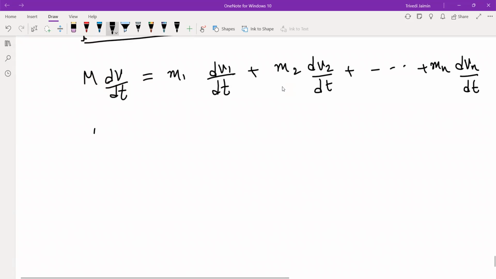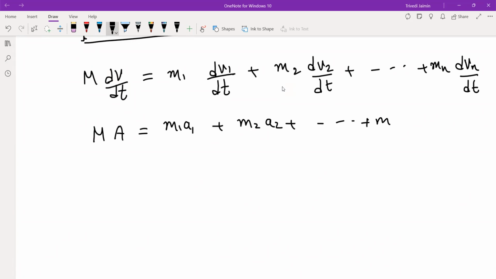So dv by dt is acceleration. Acceleration: M a equals M1 a1 plus M2 a2 plus M3 a3 and so on up to Mn an.